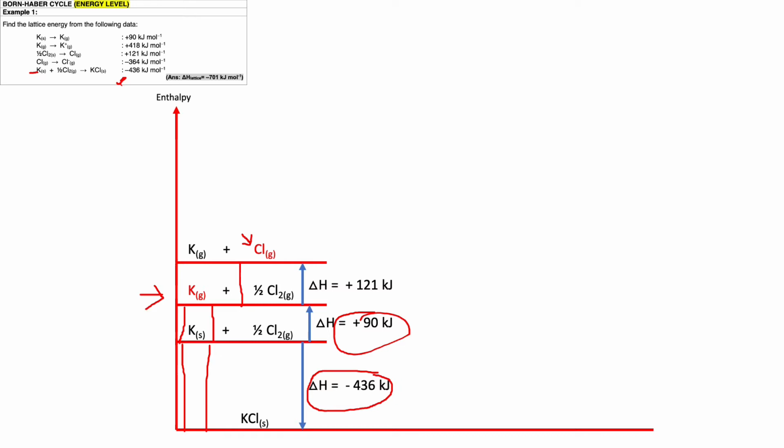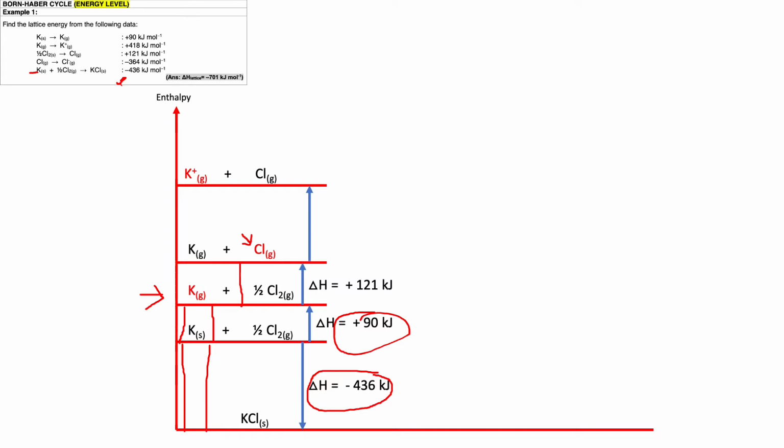Yeah, it should be bigger. So we make it bigger but smaller than the formation because it involves only 418 kilojoule. We are going to draw the arrow up since the enthalpy is positive. And as you can see, the potassium gas changed to potassium ion. So here we go.